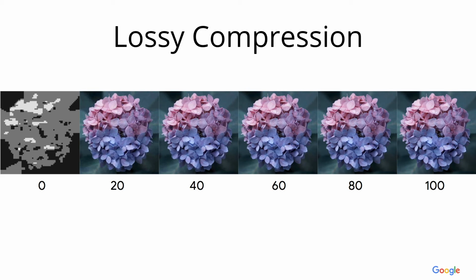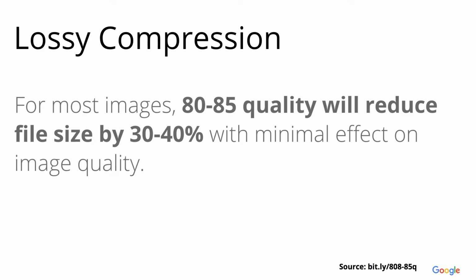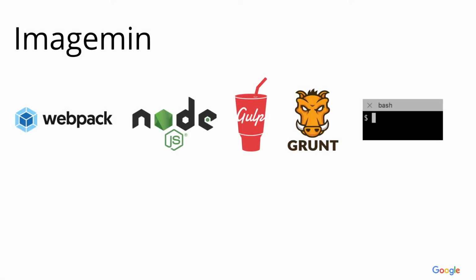So this should work for most of you. Indeed, if you set the quality to 80 or 85%, you should be able to reduce the file size by 30 or 40%, and it's really, really hard to tell the difference between 100% quality and 80 or 85.